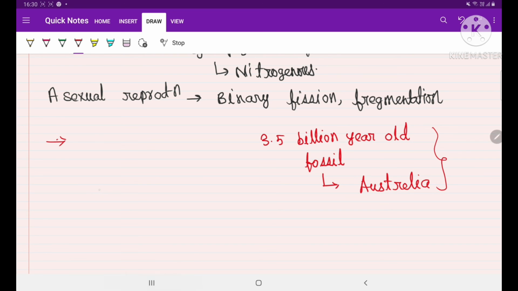There are some cyanobacteria, like Anabaena or Microcystis, that secrete some toxin, and that will be dangerous for animals.